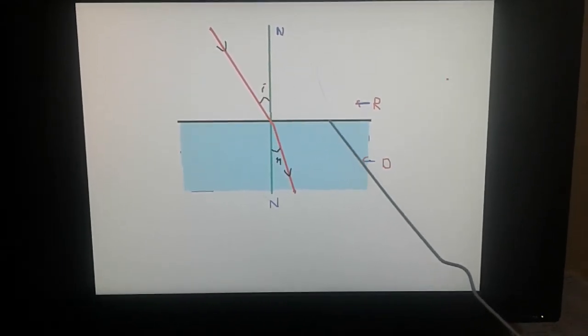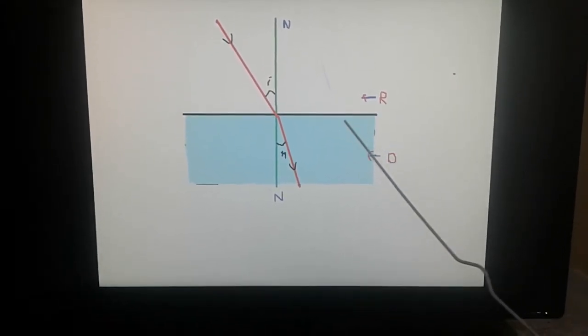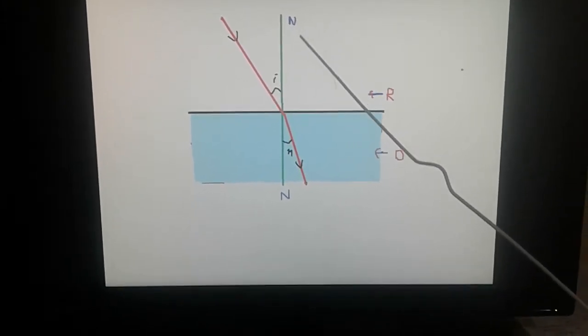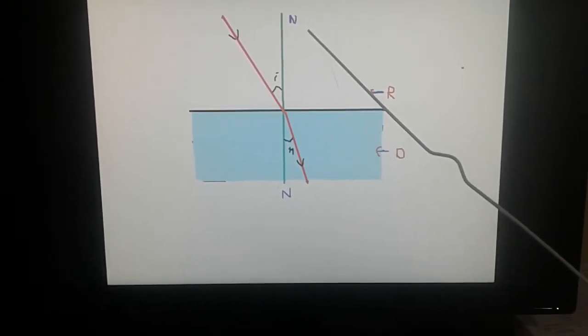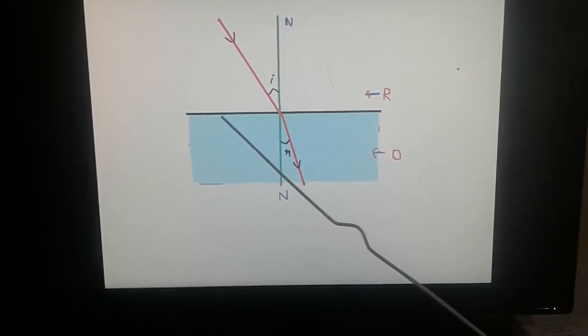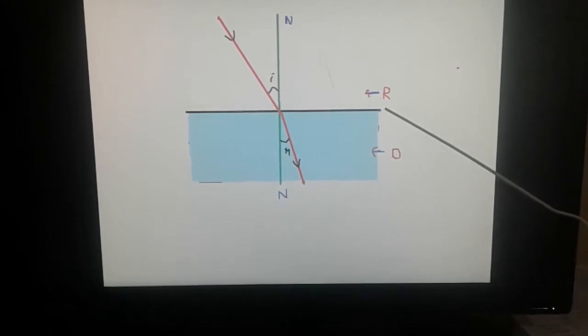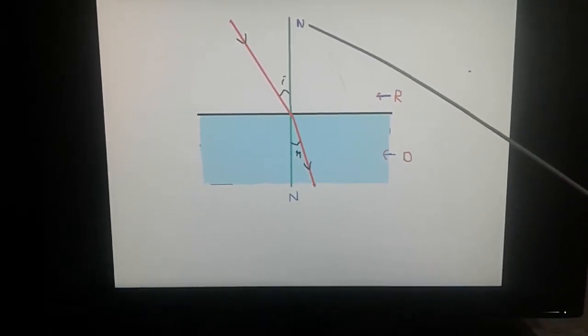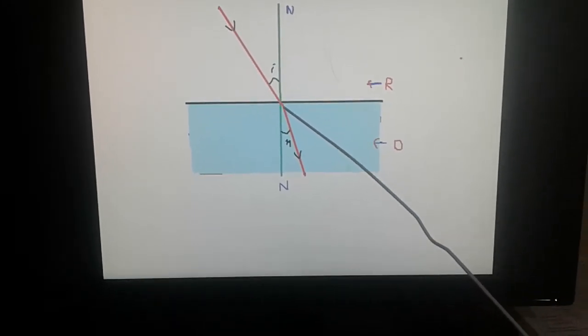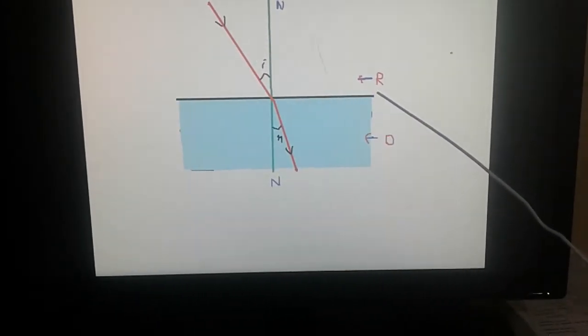And this is the interface, meaning the surface of the water. Now here we are seeing this NN, which is nothing but a normal, a perpendicular line drawn to this surface. Suppose a light ray is incident on this interface.